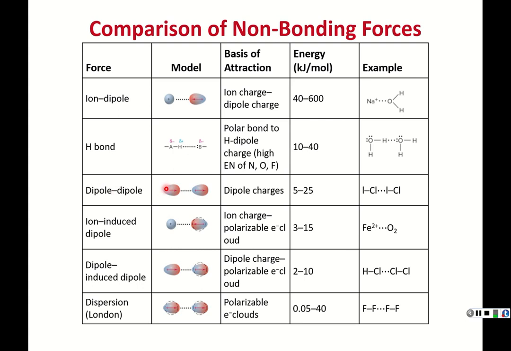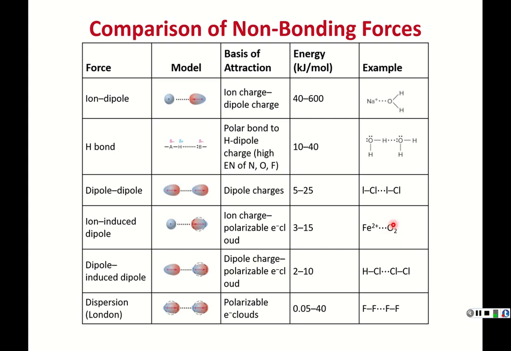That's where you have a dipole interacting with another dipole, so a partial charge interacting with a partial charge. Okay. Then as we go down, you have ion-induced dipole. So you can have something that doesn't have a permanent dipole but will have an induced dipole. The example here is iron as our ion, a full charge.